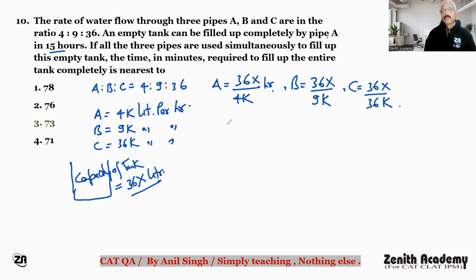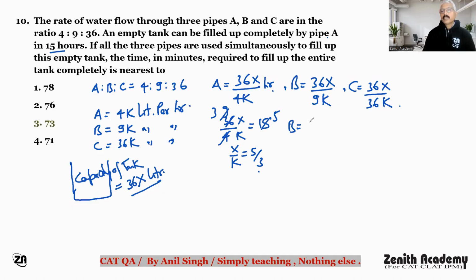So this time should be equal to 15 hours. So 36x by 4K is equal to 15. It is 9, so x by K is equal to 5 by 3.